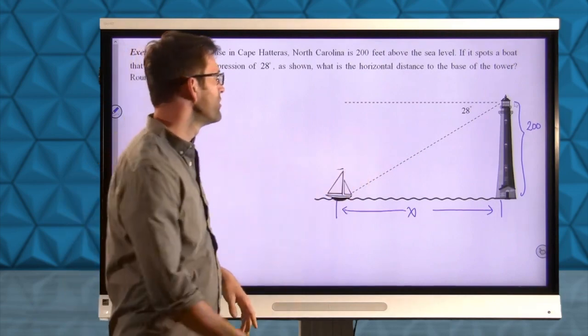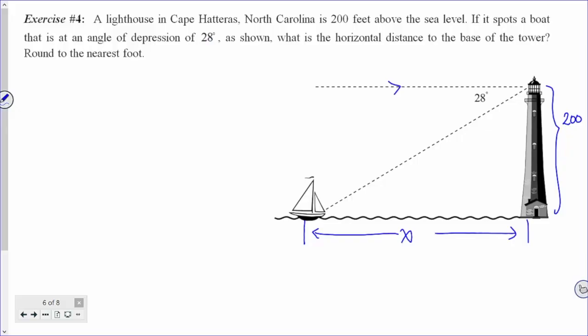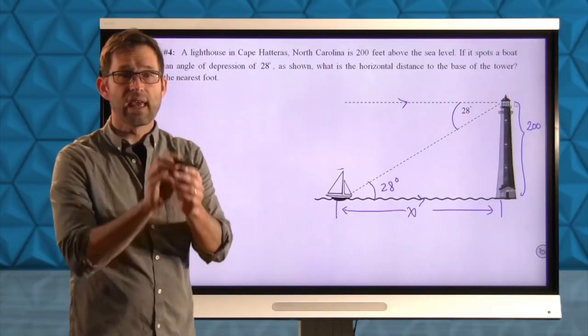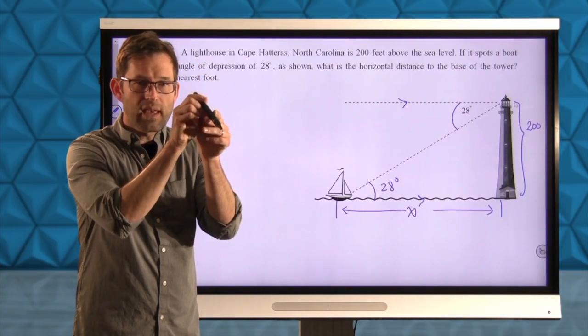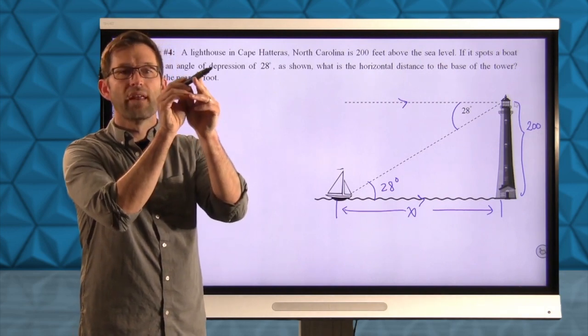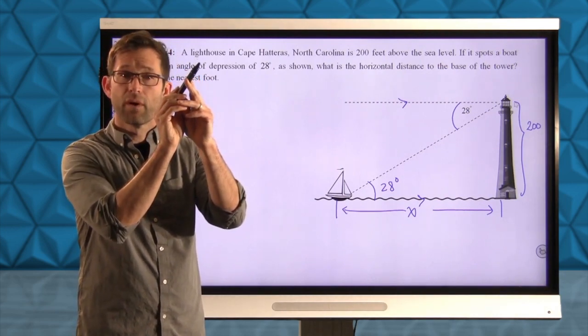But here's the key: this is parallel with this, which means this 28 degrees is also this 28 degrees. And that kind of makes sense. The angle that I'd have to rotate down to see the ship is the same angle that the ship would have to rotate up to see me.